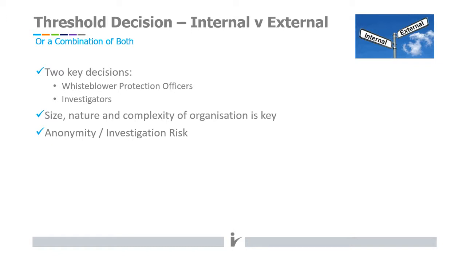The second thing that I would say, and this is really under anonymity and investigation risk, is the expertise of a whistleblower protection officer. When you're receiving a whistleblower disclosure, you really need to know what you're doing. These are serious incidents, and quite often the people making those calls will be quite distressed or very nervous.